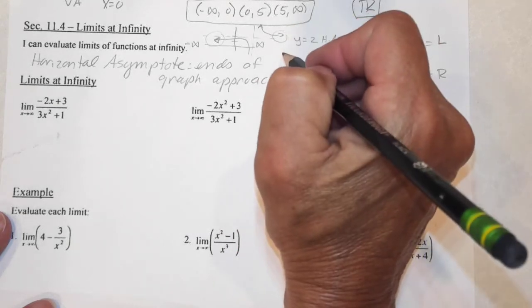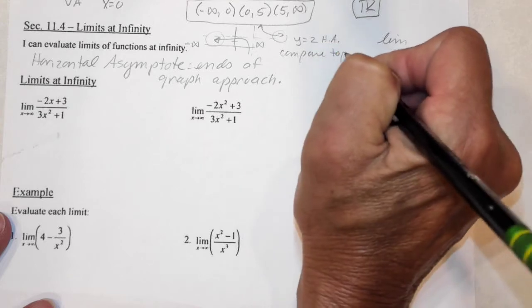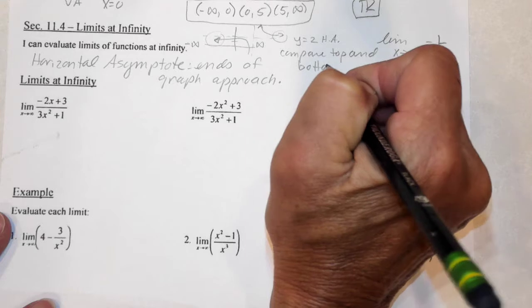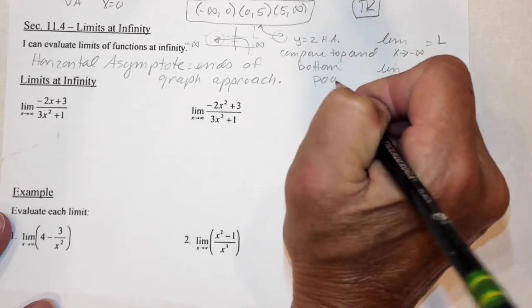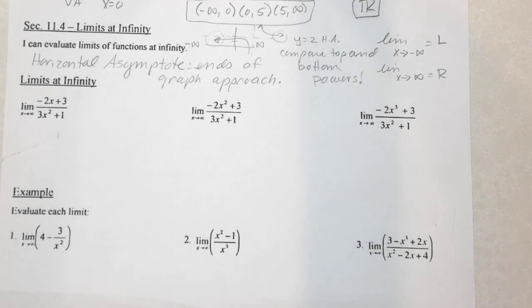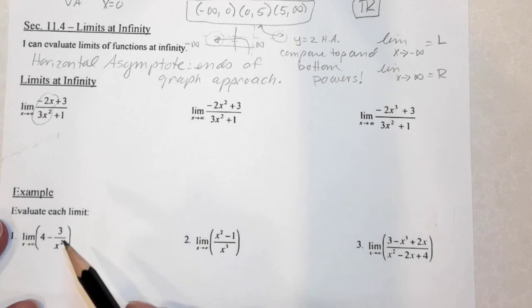What this did is this would make us compare the top and the bottom powers. And there's 3 scenarios. So maybe you can kind of think back with me. All we look at is the degree, which means this leading coefficient.